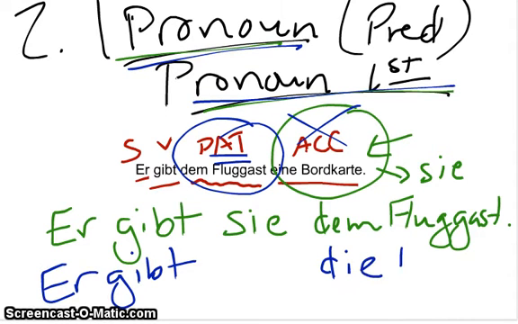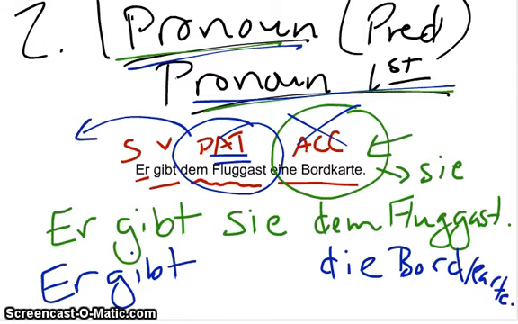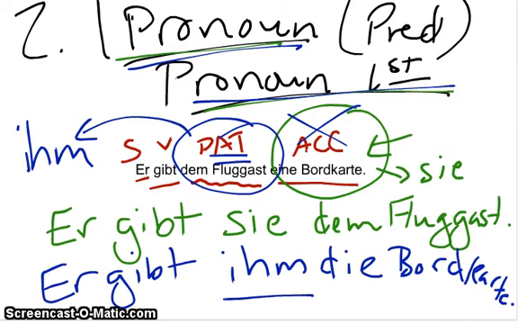Oops, I'll go ahead and just say die Bordkarte. We'll just say the boarding pass. But now, Fluggast is replaced with a pronoun. If you look at the previous chart, it's ihn, ihm. So it becomes, he gives him the boarding pass.